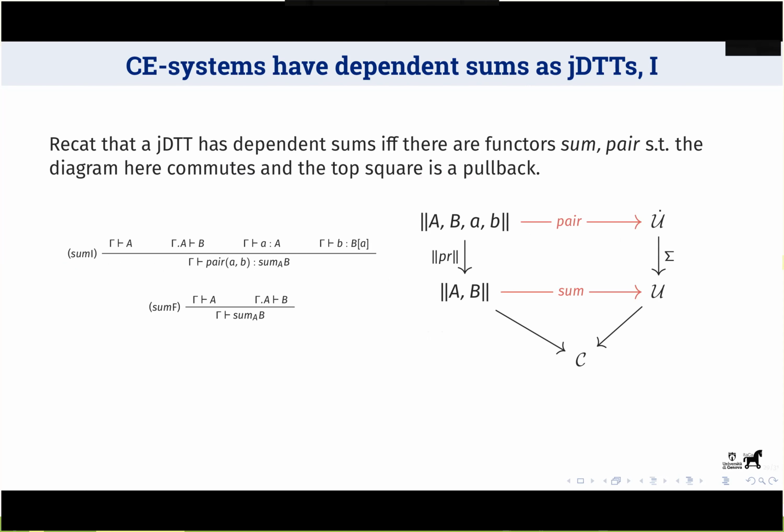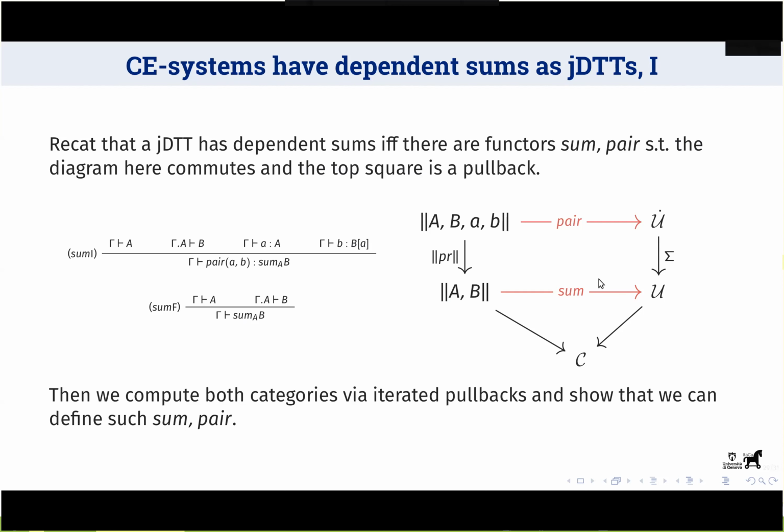Remember, and now I just use these norm symbols because the pullback notation was a bit hard, but you can see again what we asked for. So we need to show that whenever we have something of a JDTT obtained starting from a CE system, we can define such a pair of maps.